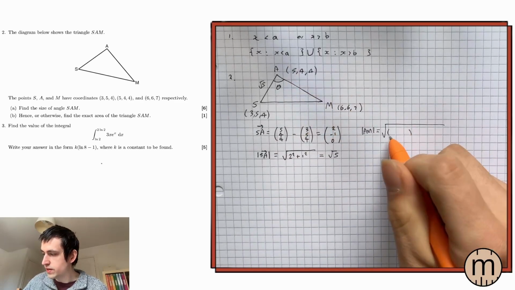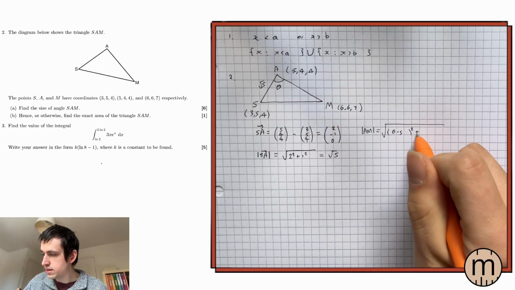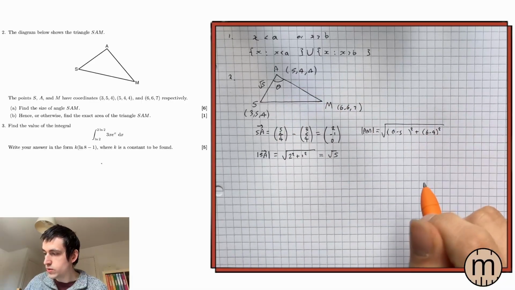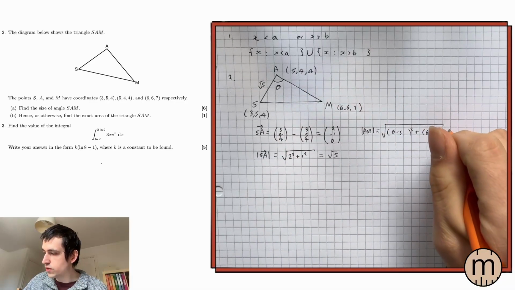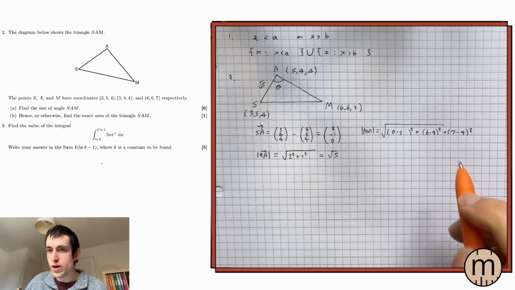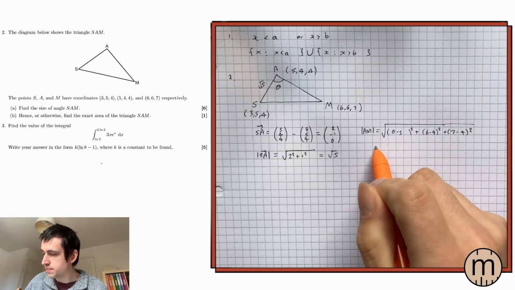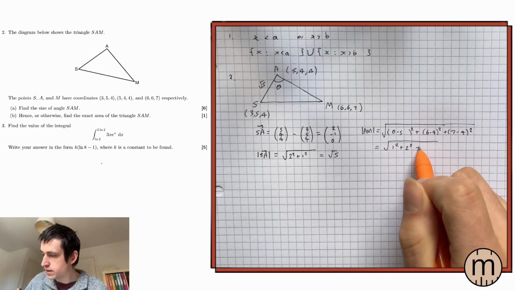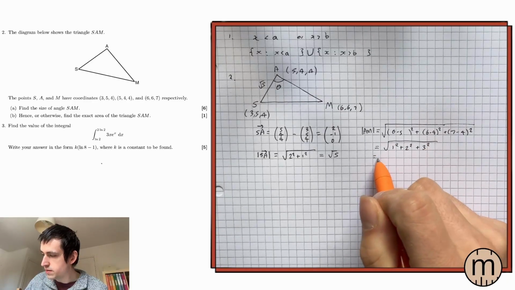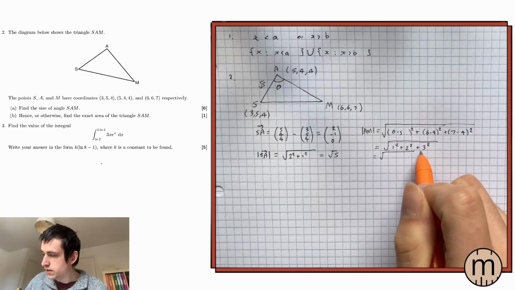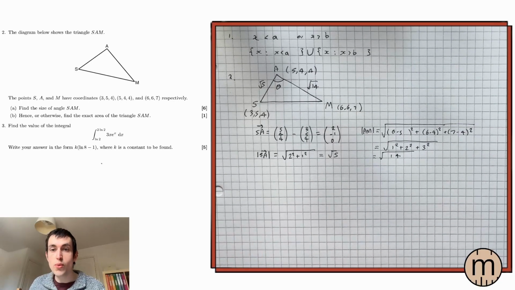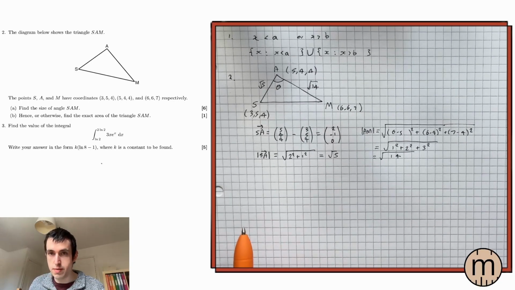So 6 minus 5 squared, added onto 6 minus 4 squared, added onto 7 minus 4 squared, like this, which is 1 squared, 2 squared, and 3 squared, which is 1 plus 4 plus 9, or root 14. That's two ways of doing it. There are probably more ways, but those are the two that first come to my mind.